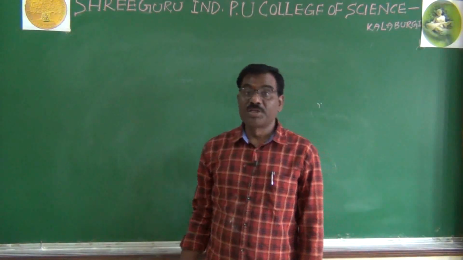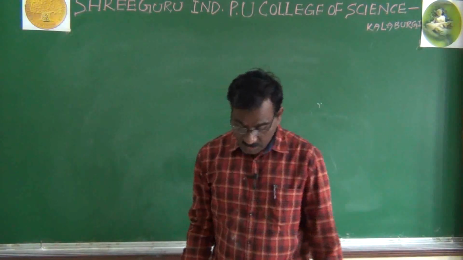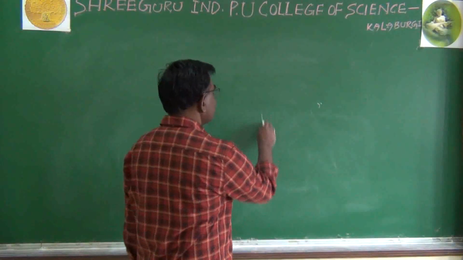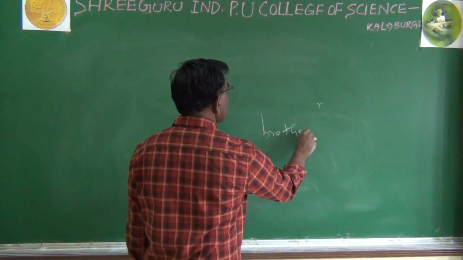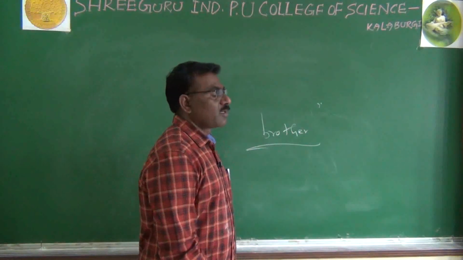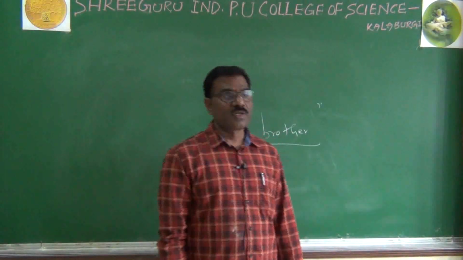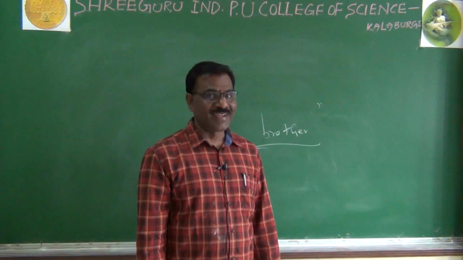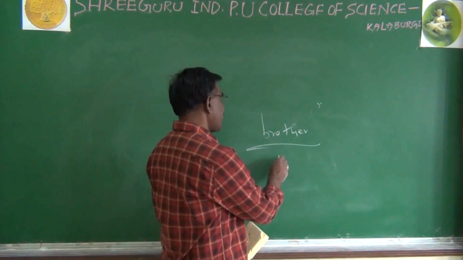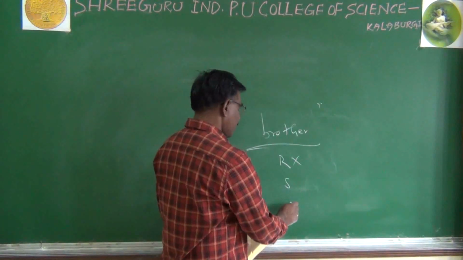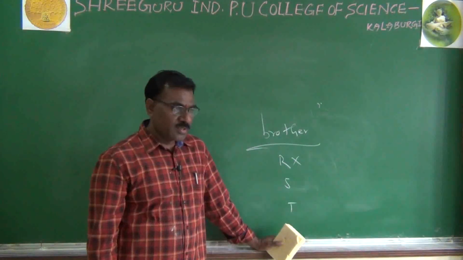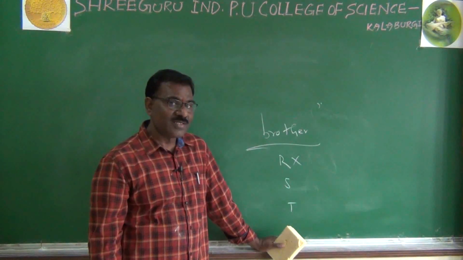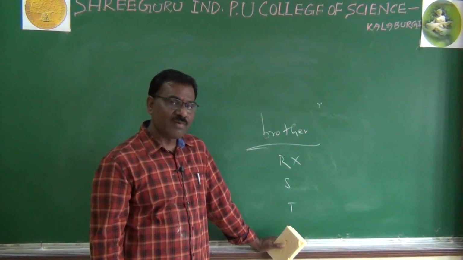Same question with brother. X is brother of x? No. A person is not a brother of himself. So it is not reflexive, because x is not a brother of x, but x is a friend of x.